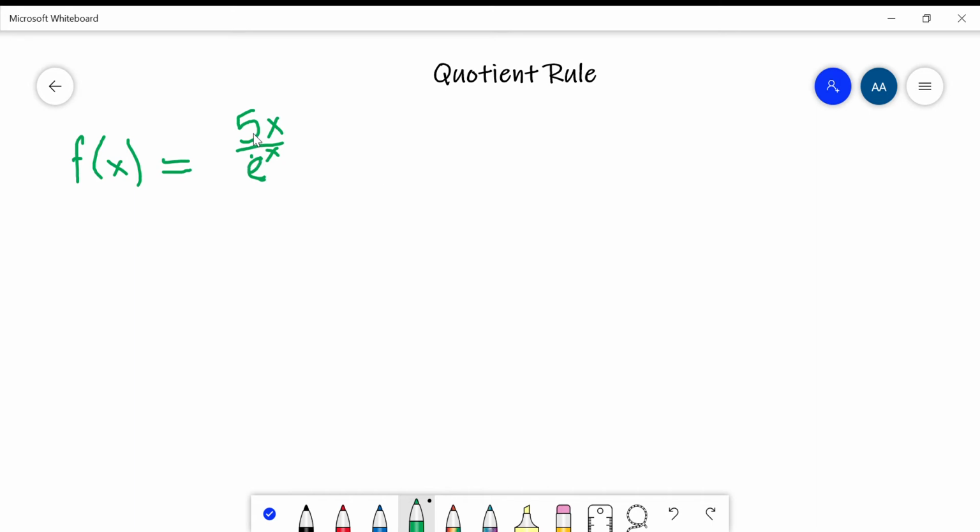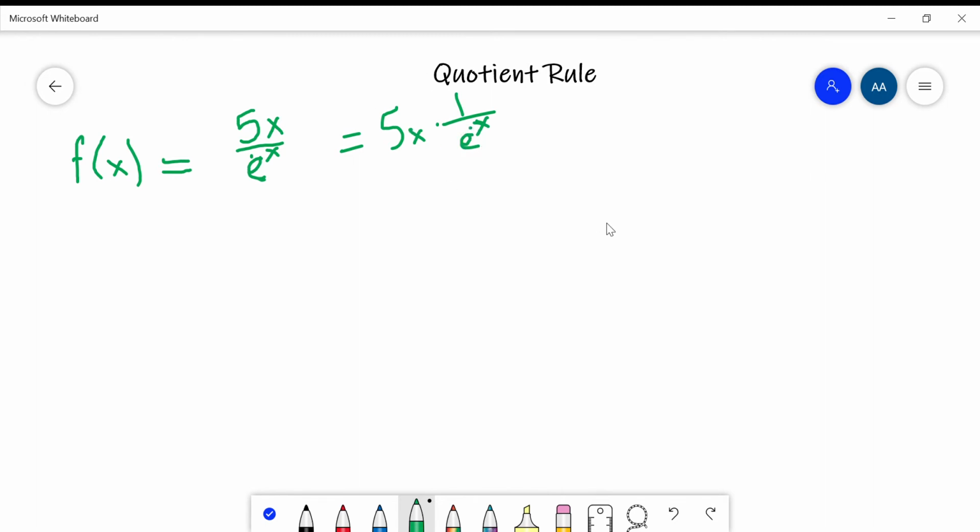And in here you could treat this as a product rule, where maybe you could treat it as 5x times 1 over e to the x. You could treat it like this, maybe e to the minus x.